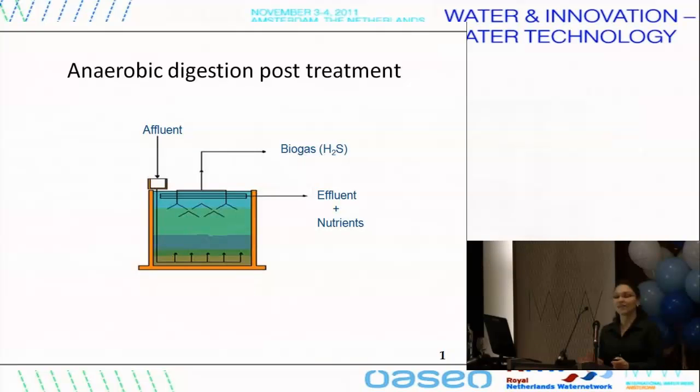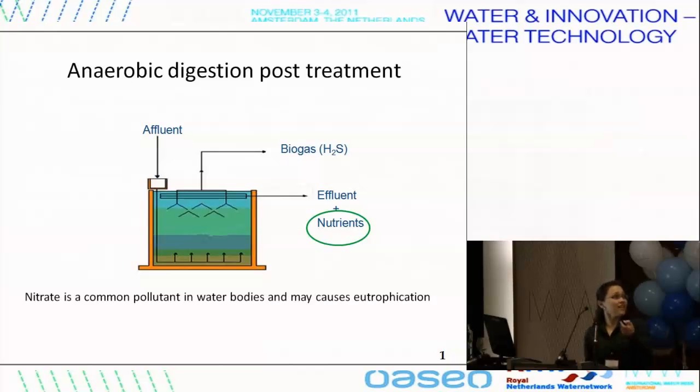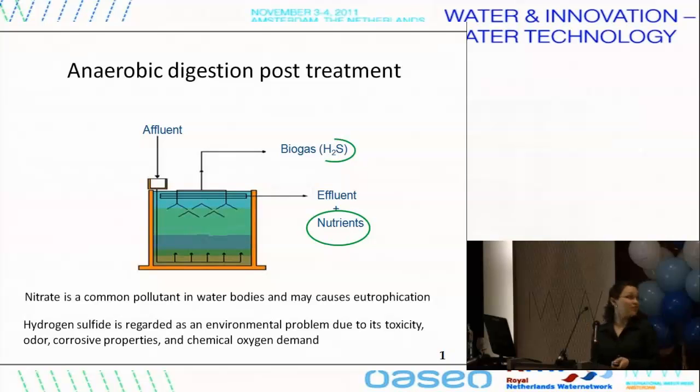In the anaerobic digestion post-treatment, like the tertiary treatment, we can remove some compounds that are toxic or pollutants, like in this case, nutrients like nitrate and nitrite, and in the biogas, hydrogen sulfide.